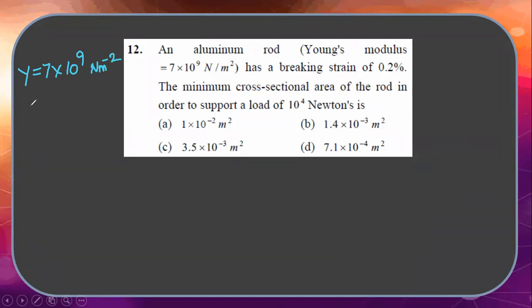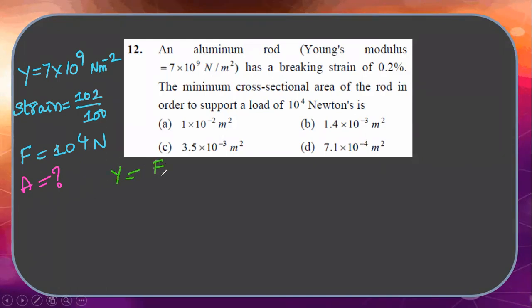The breaking strain is 0.2%, which is equal to 0.2 by 100. The load F is taken as 10 power 4 newtons, so the minimum cross-sectional area of the rod is needed. Then we know Young's modulus Y is equal to force per unit area divided by strain.